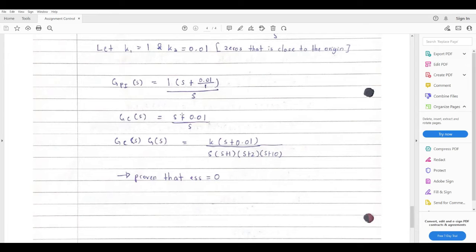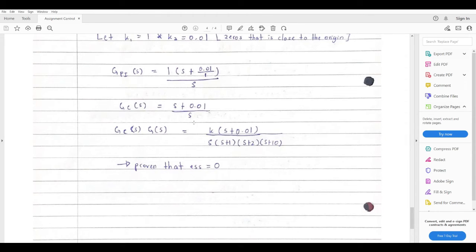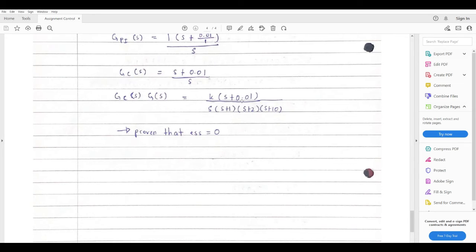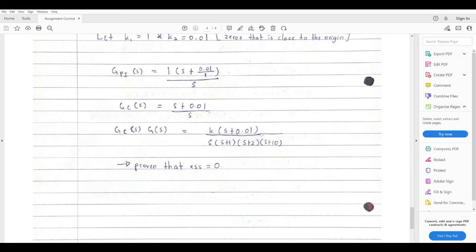Okay, so after that we got GC. This is GS. S plus 0.01 over S. Okay, so after that we will have K bracket S plus 0.01 over S. This one is the denominator.